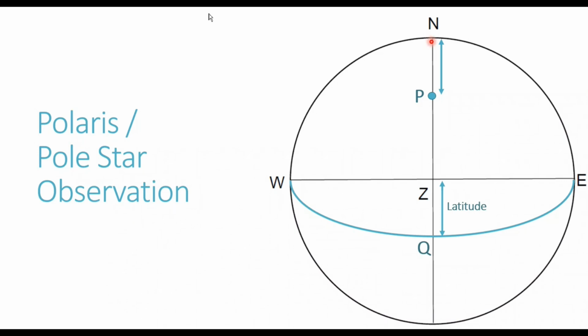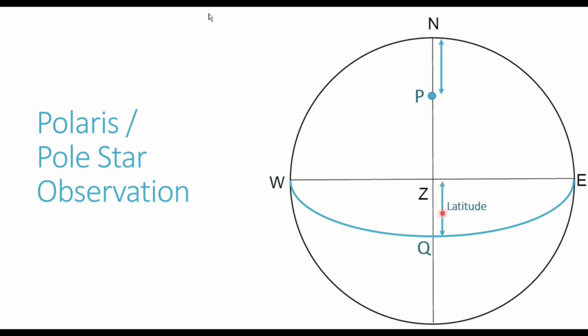Now, we are aware that this celestial pole is 90 degrees away from the Q point on the equinoctial. We are also aware that the N point, which is on the horizon, is 90 degrees away from the zenith of the observer. So now you see point P is 90 degrees away from the equinoctial, that is Q. Point N is 90 degrees away from the zenith.